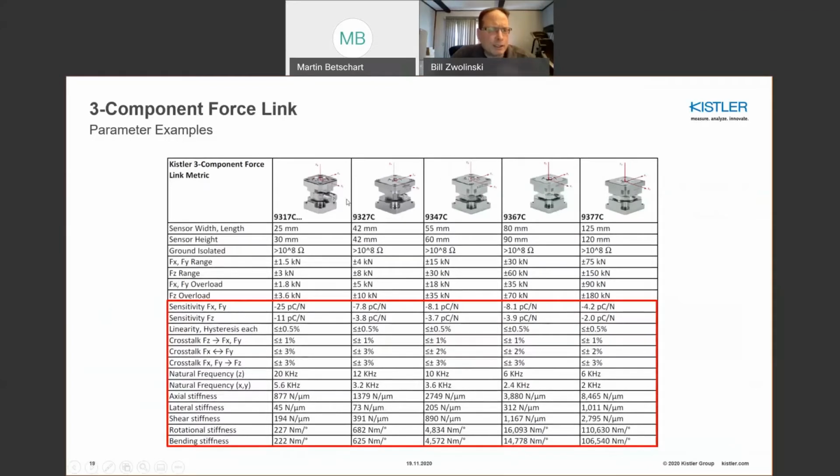A force link is already preloaded at the factory, which means it already has a calibration certificate, and with these top and bottom flanges and the preload bolt, it's a self-contained modular piece, a building block, if you will, that you can apply to various measurement applications.